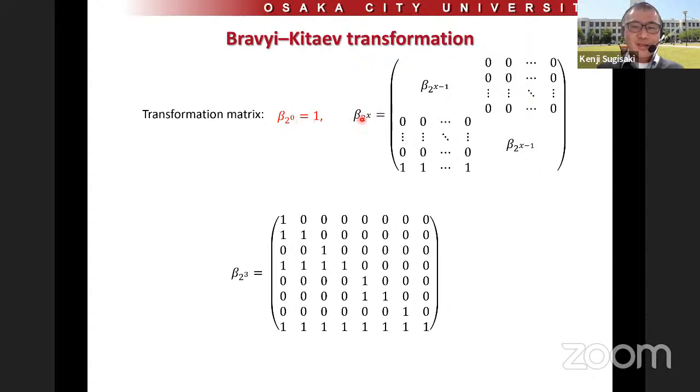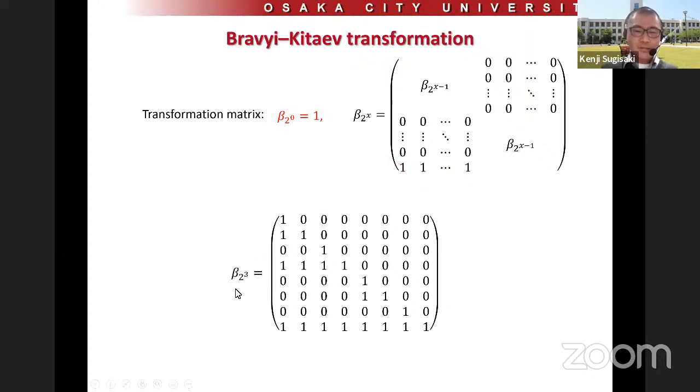Beta of 2 to the x power can be represented as shown here. The diagonal part is the matrix of the 2 to the x minus 1 power. And this upper right part is 0, all the matrix components are 0. And the bottom of the matrix is all 1.